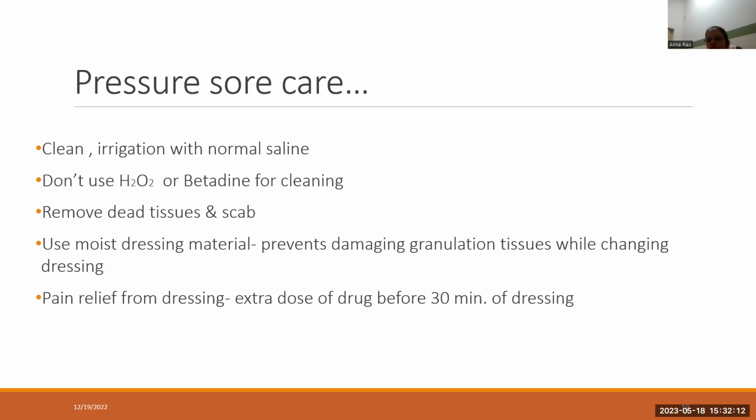So plan your dressing times after the dose of analgesic. Suppose the patient is getting analgesic at 10, then you plan your dressing at 10:30. Or if not possible, then we can give an extra dose of the painkiller just 30 minutes before dressing. That's how you can prevent pain during the dressing times.